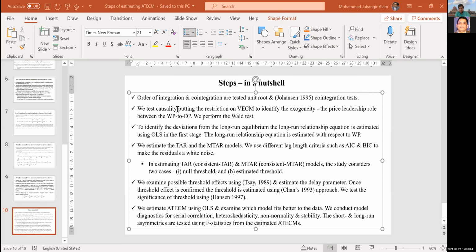Yes, very good question. Thank you so much. It means that you are understanding very well. In the TAR, in my case, we use all variables as I1, but in your final model, I mean the error correction model, you can have a different specification, with I0 as an exogenous variable.